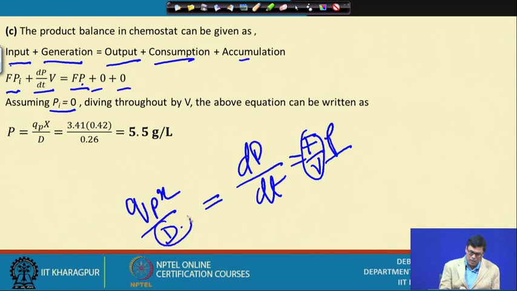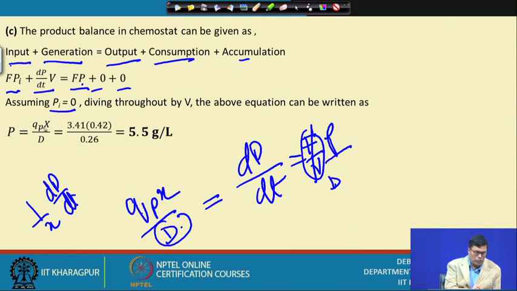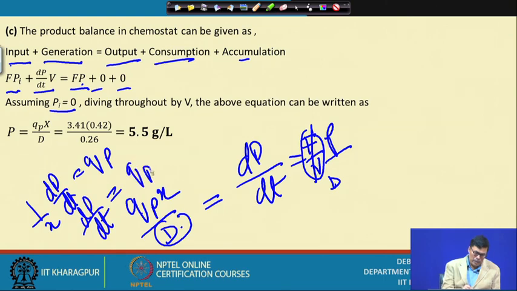So, this D we can take it here. And what is Qp? It is the specific rate of product formation, dP by dt. So we can easily multiply that. If it is the Qp, then I can write dP by dt equal to Qp into x.